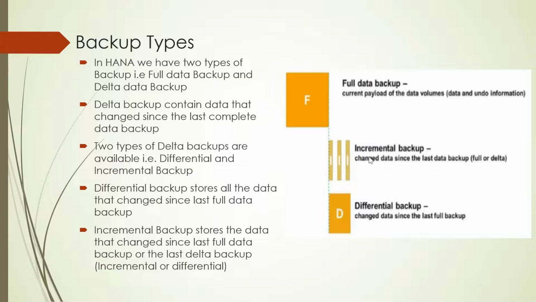If you have scheduled a full backup, 2 incremental backups, 1 differential backup, then 2 incremental backups, then restore 1 full backup, then 2 incremental backups, 1 differential backup, and then 2 incremental backups, like this. The same sequence you have to follow for the restore as well. So it is time consuming for the restore.